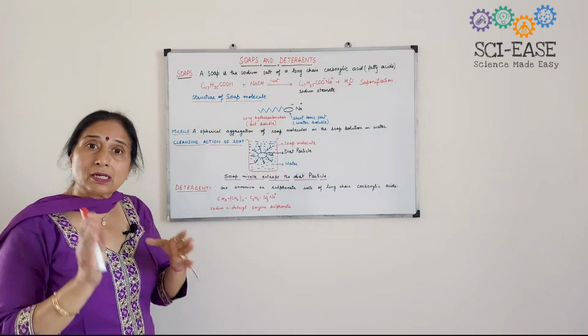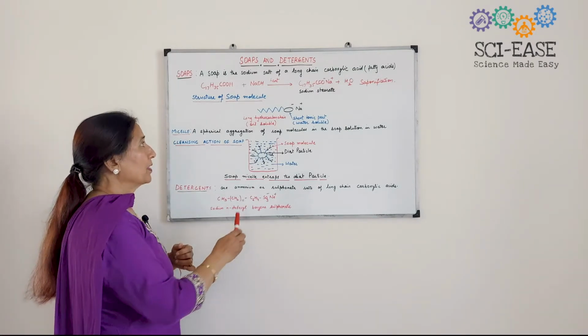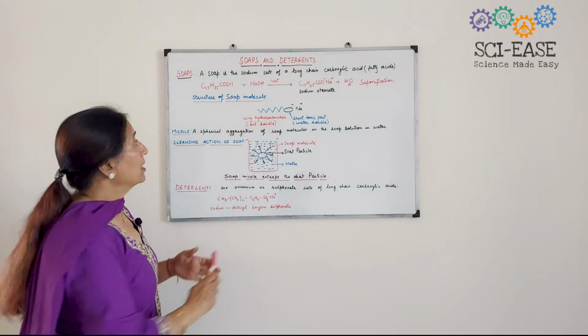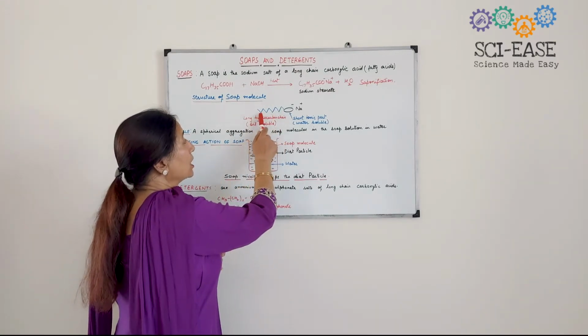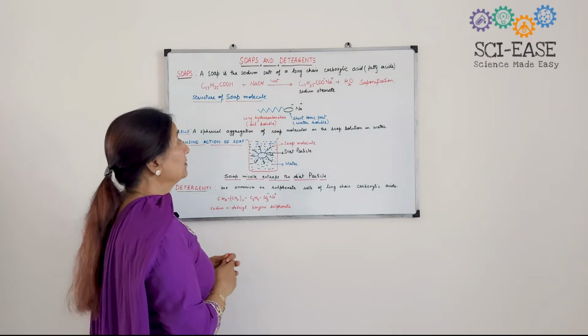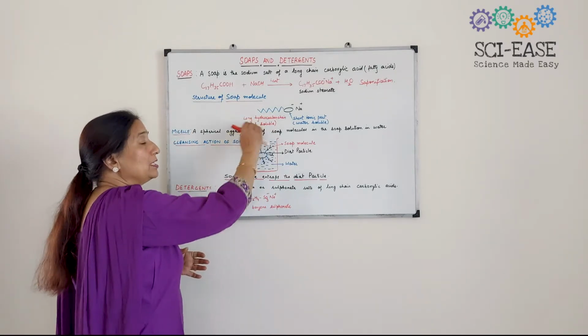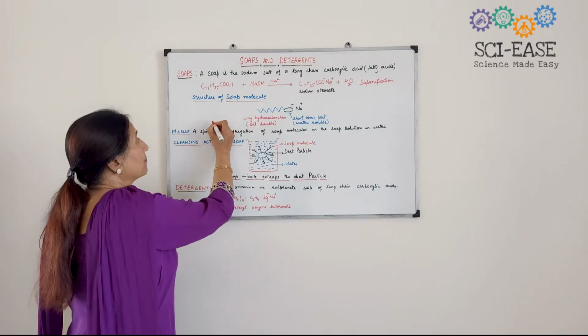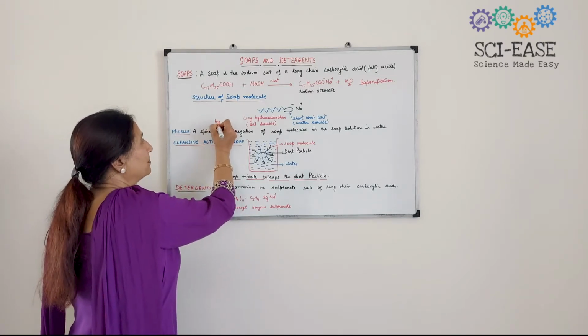Now, what is the structure of the soap? Soap has two parts. One is the long hydrocarbon chain, drawn in blue color. This is the oil soluble part and it is the hydrophobic part.